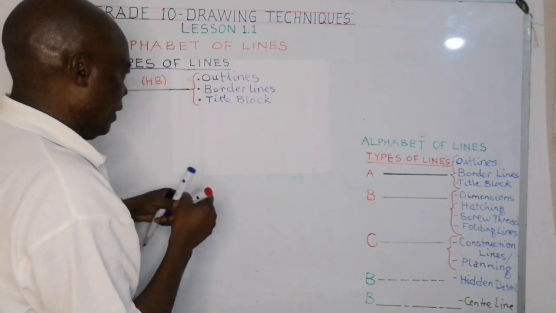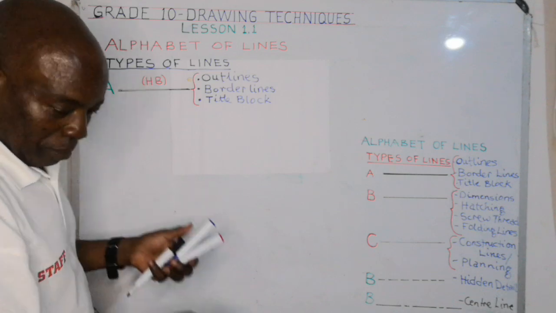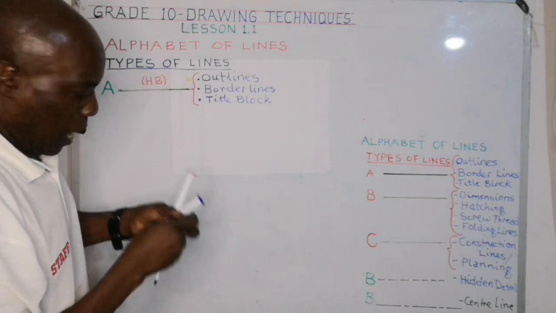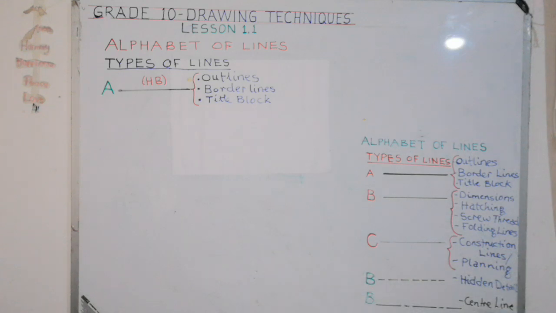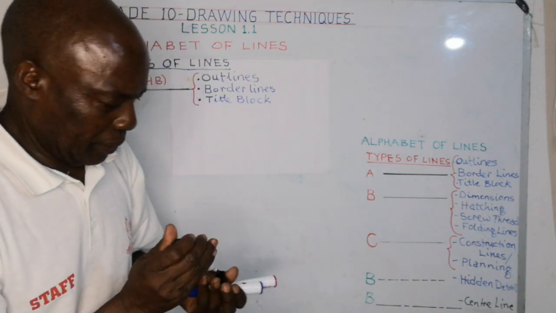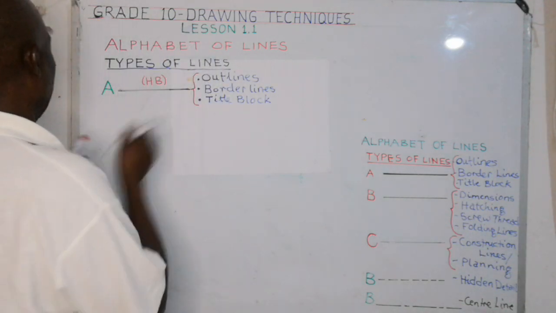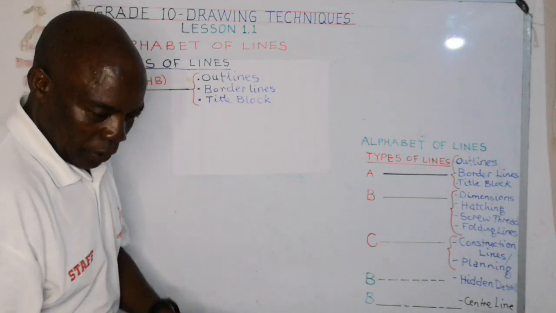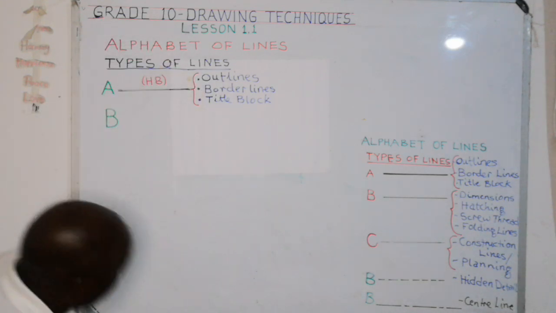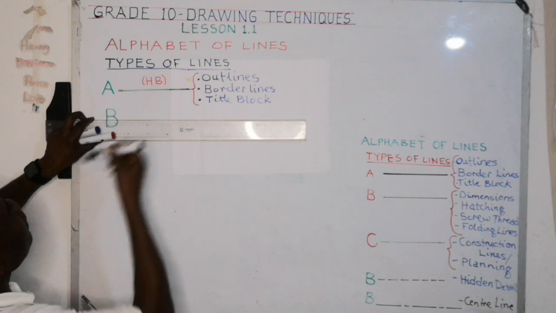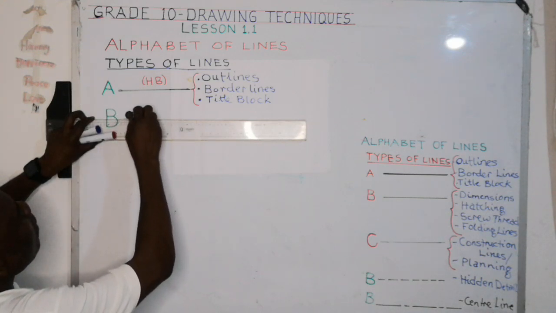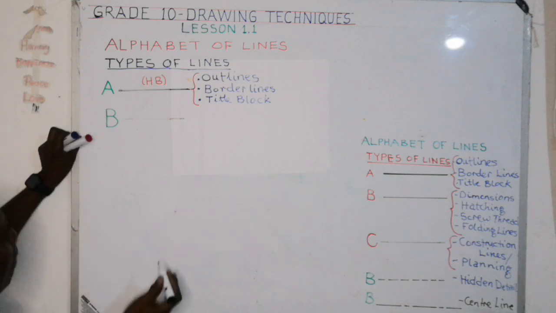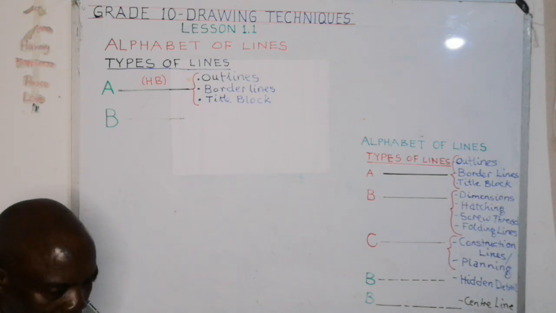Right, and then we also have another type of line, which is line type B. Line type B is lighter than type A. So I'm going to draw a lighter one, which will be thinner than line A. It's not writing properly.